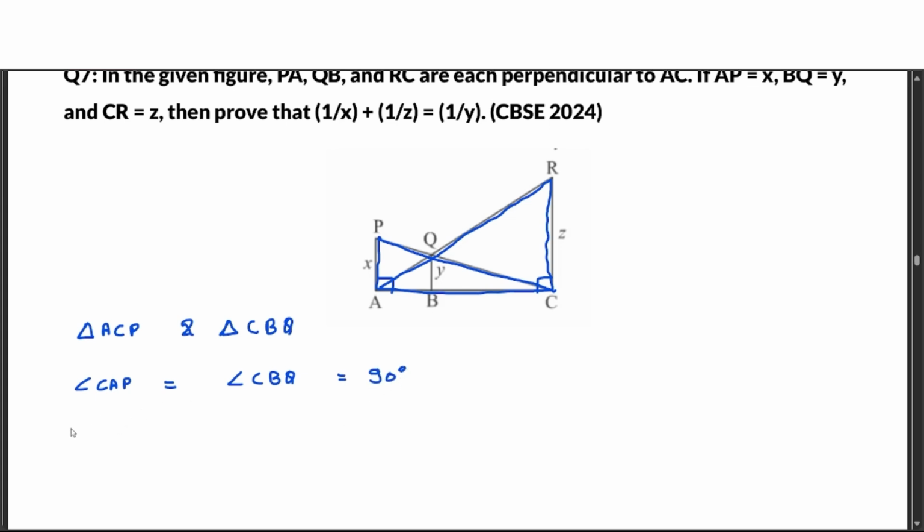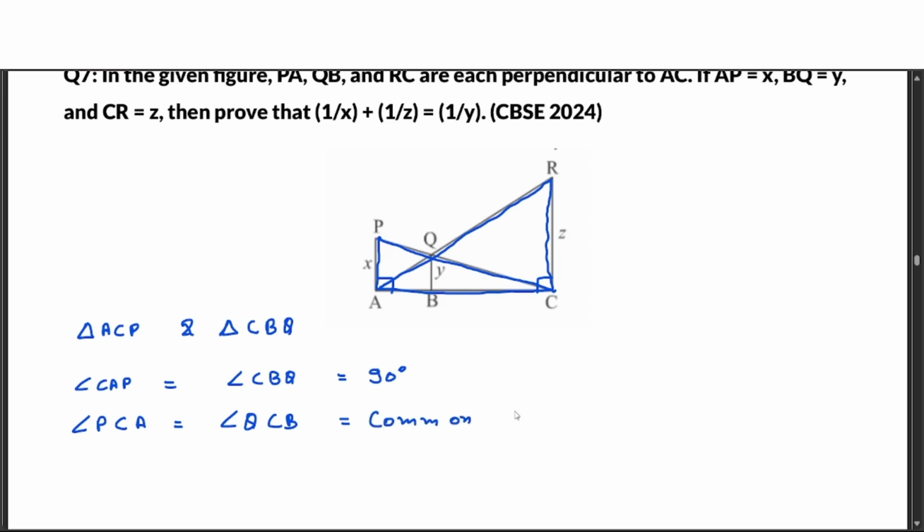In the same way, one angle is common, so angle PCA is equal to angle QCB. Common angle, reason.